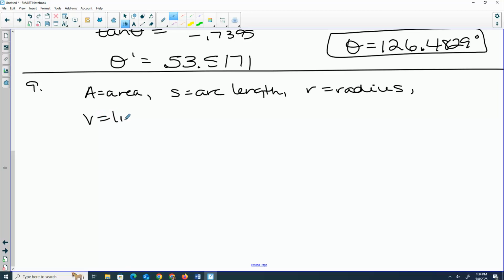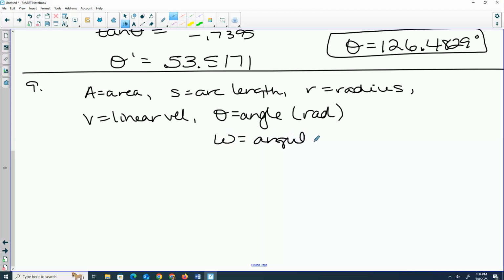V is linear velocity. Theta is your angle, but what does it have to be measured in? Always radians. And omega is angular velocity, which also has to be in radians. So if either of those is in degrees or revolutions, we have to convert them.